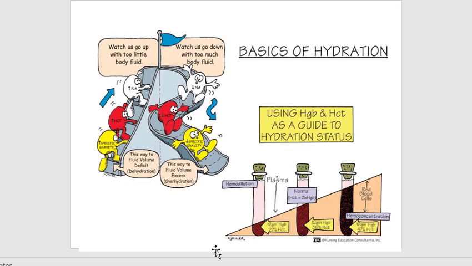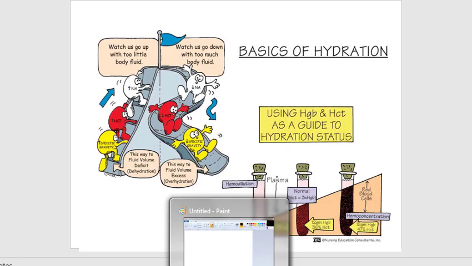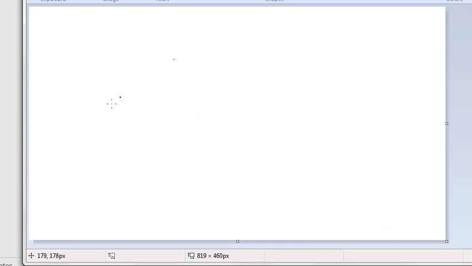The next thing we're going to talk about is the basics of hydration. Okay, so if you're dehydrated, your blood is concentrated. If you're overhydrated, your blood is dilute. If your blood is normal, then you have fluid here and you have all your particles and electrolytes here.